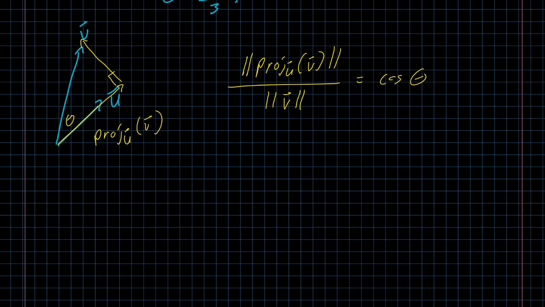And we just established that the dot product u dot v is magnitude of u times magnitude of v times the cosine of theta. So solving for cosine of theta, you get u dot v divided by magnitude of u times magnitude of v.